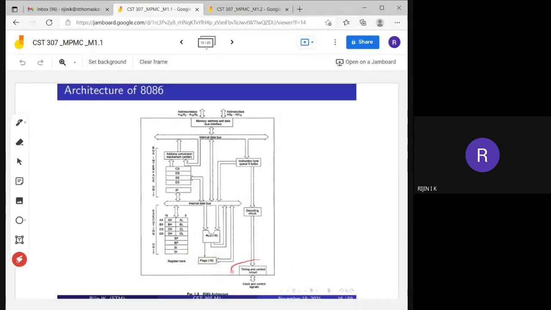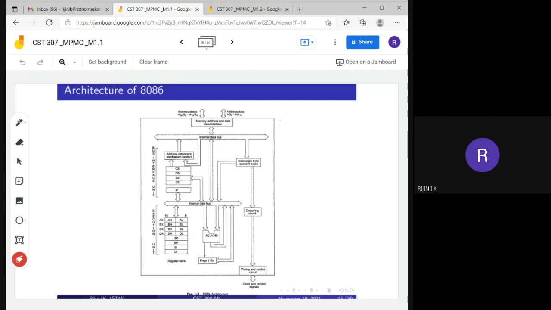Then the next one is the timing and control circuit. Timing and control circuits are used to generate the control signals in the 8086. Then there is a decoding unit. What is the duty of a decoding circuit? The decoding circuit will decode the instructions.